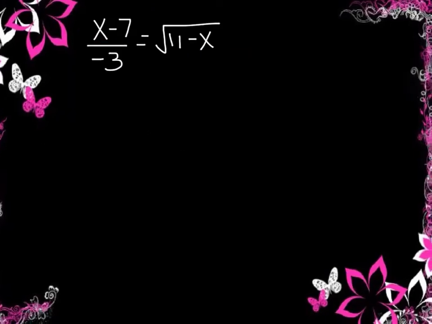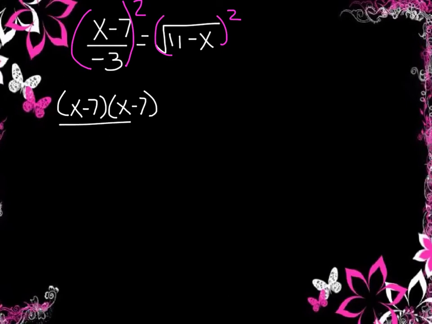All right, we are going to square both sides, which isn't going to be all that pretty, but really we're just foiling x minus 7. And then squaring -3 and getting 9. And then when you square the square root, you have 11 minus x.